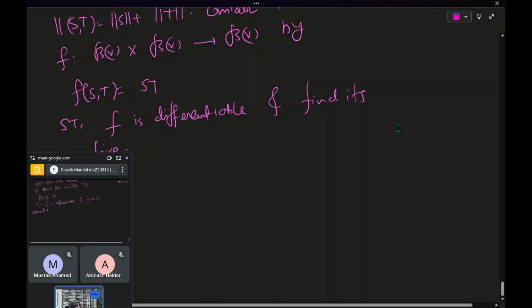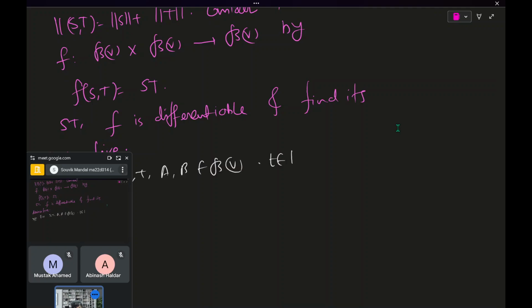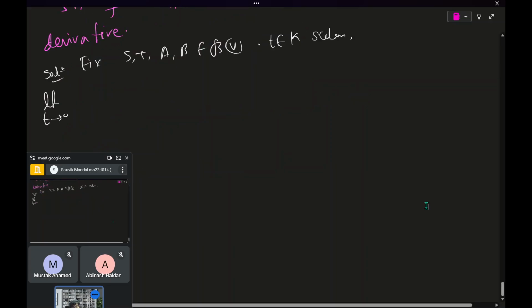Okay, so fix (S, T) and (A, B) in B(V) cross B(V), and t a scalar. Then the limit as t goes to 0 of (f(S plus tA, T plus tB) minus f(S, T)) divided by t equals the limit of (SB plus AT) t plus t squared AB, divided by t.